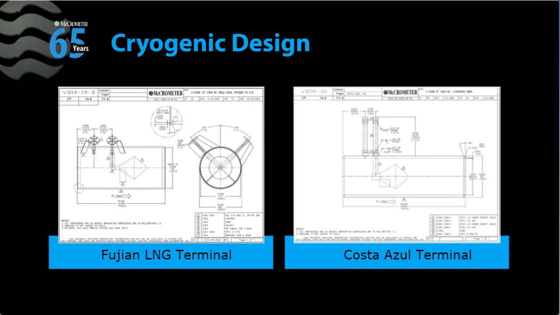And a couple of meters that we've provided for these LNG applications. As you can see, a lot of the products, and this is a trend that you're going to see, we specialize really in custom engineered products. So in the drawing on the left, this was a 14-inch meter built for the Fujian LNG terminal.